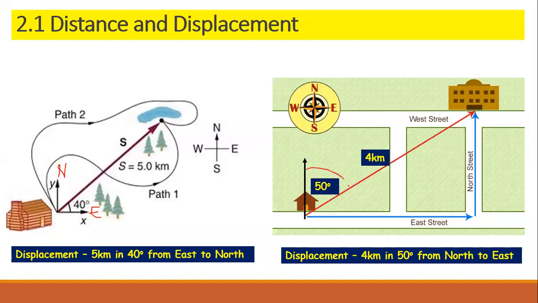There's a 50 degree angle here, and I have to tell the displacement. So here it is distance, the length of the path is 4 km. It is mentioned here, 4 km at a 50 degree angle from north to the east. We can tell it here, in the direction of.